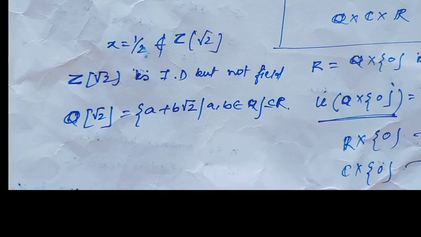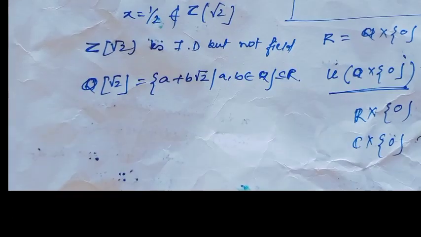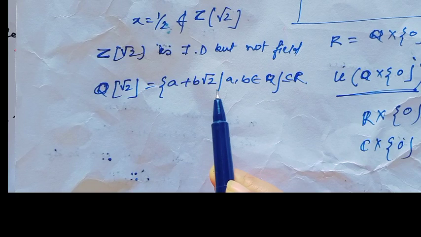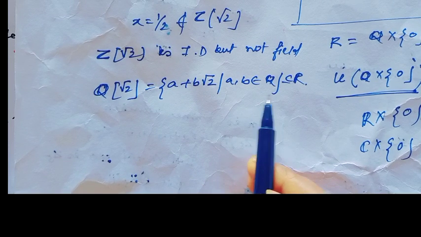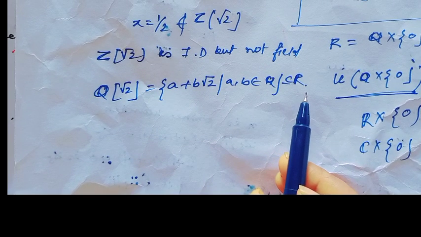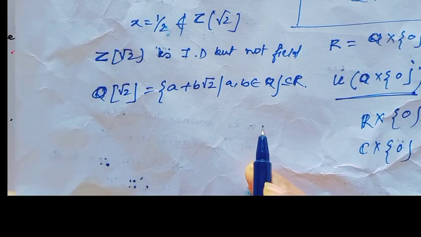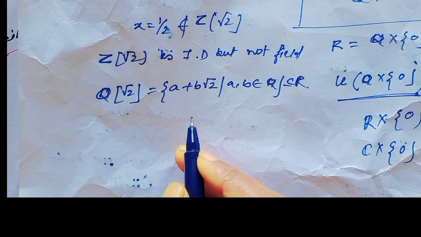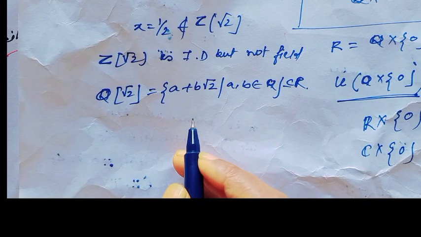But if we consider the set Q root 2, which looks like a plus b root 2 where a and b belong to Q, which is obviously a subset of the ring R, this is a field, because here every non-zero element has a multiplicative inverse.